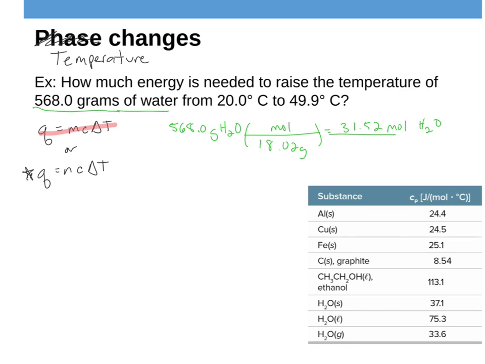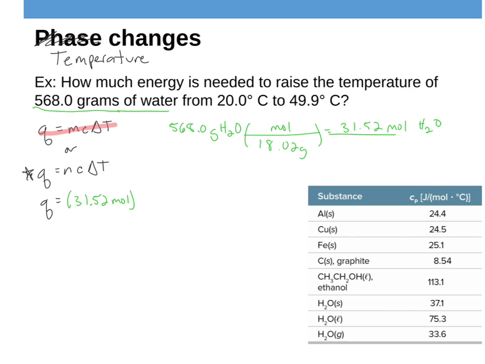Now I'm just plugging stuff in. So my Q equals apparently 31.52 moles, which is the substance I'm talking about. The C that I'm going to use, my heat capacity, I need to look over here and decide which one I'm going to use, right?